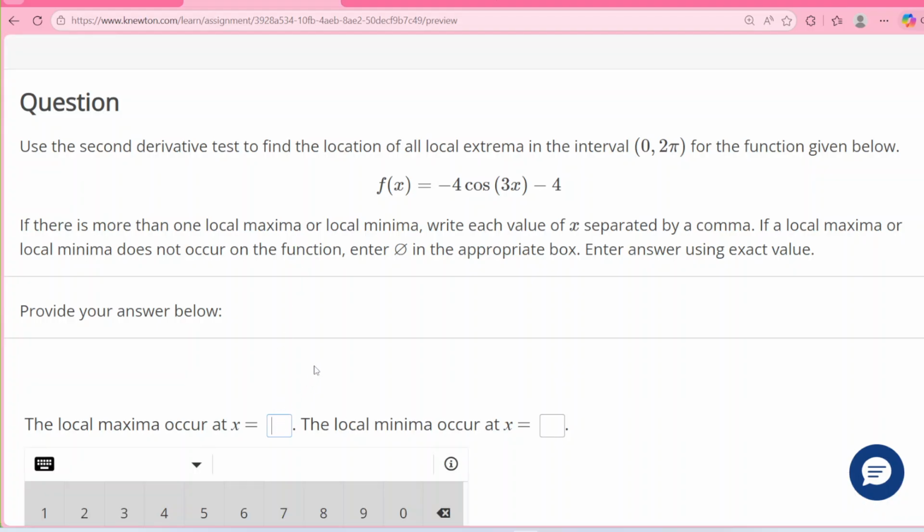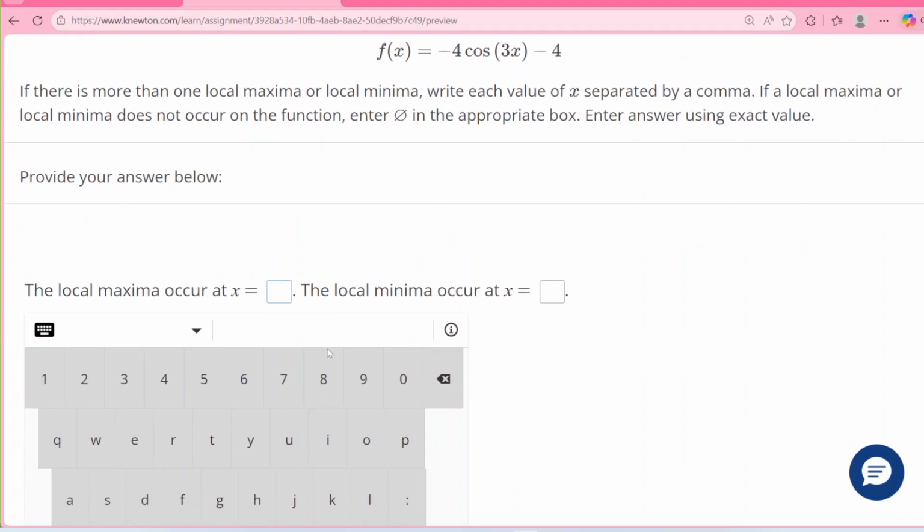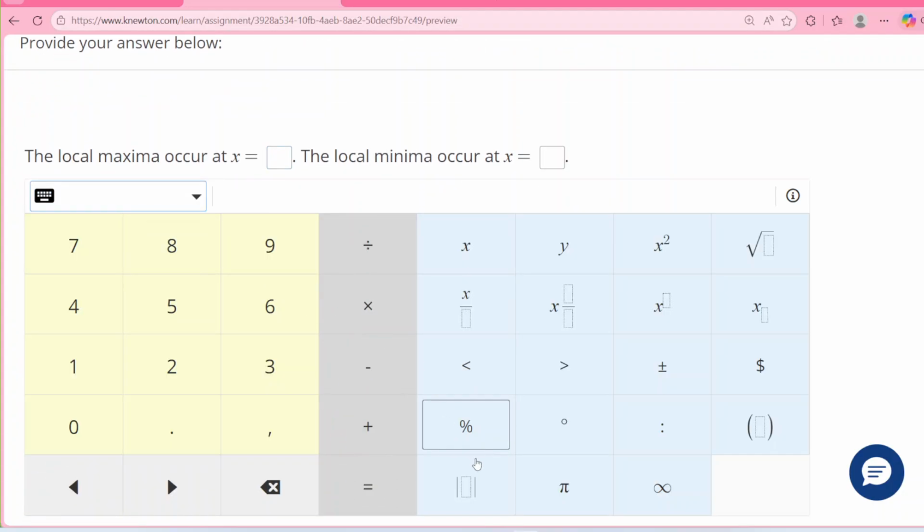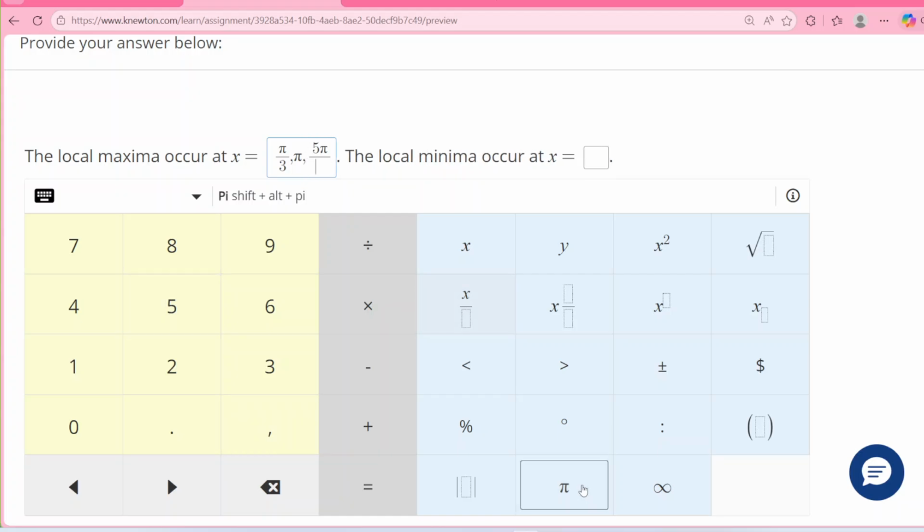So local maximum values occur at, let me bring up the basic keyboard that'll have pi in it, pi over 3, pi, and also 5 pi over 3, separated by commas, because there's multiples of these. So at those values, you had the top of a hill, you had a local maximum value.